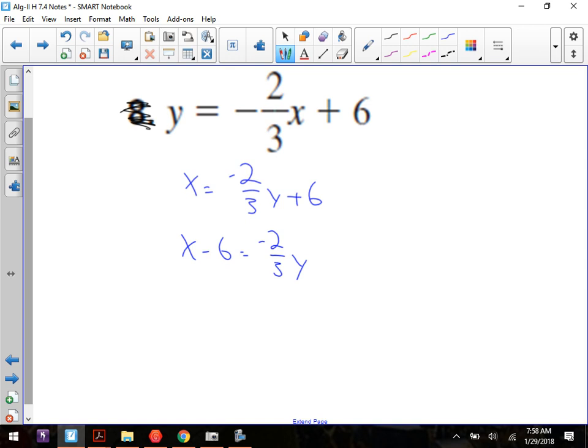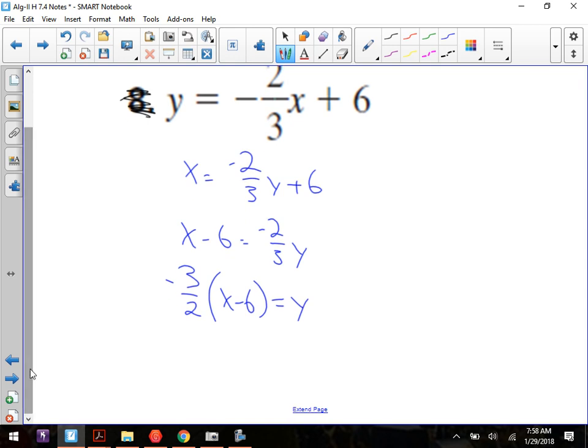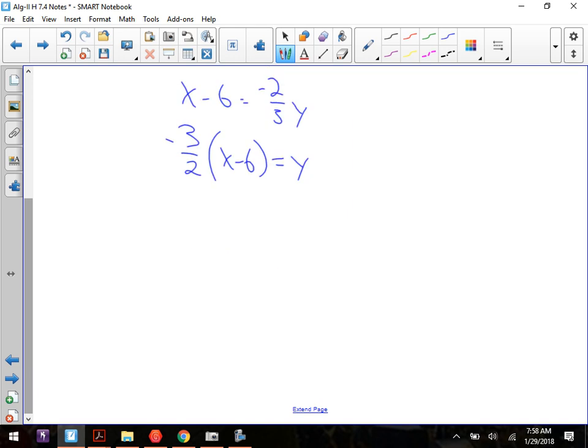Multiply by its reciprocal. And then if you distribute that out, what do we get? Was it 9, I believe? And that would be the inverse.